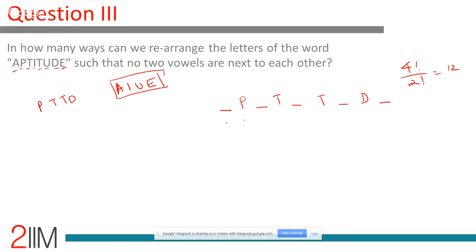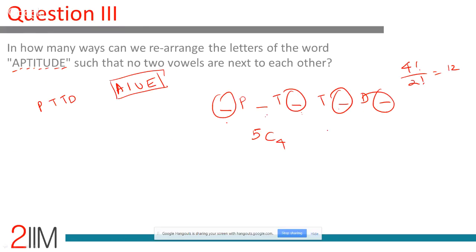If I put an A here, I here, U here, E here, that will work. Put A, I, E and U here, that will work. And I'll account for all the possibilities where this happens. So out of these 5 slots, 4 have to be taken up by vowels. How do we do that? By 5C4. Now we say these are taken up by vowels. So A, I, U, E have to go in there.